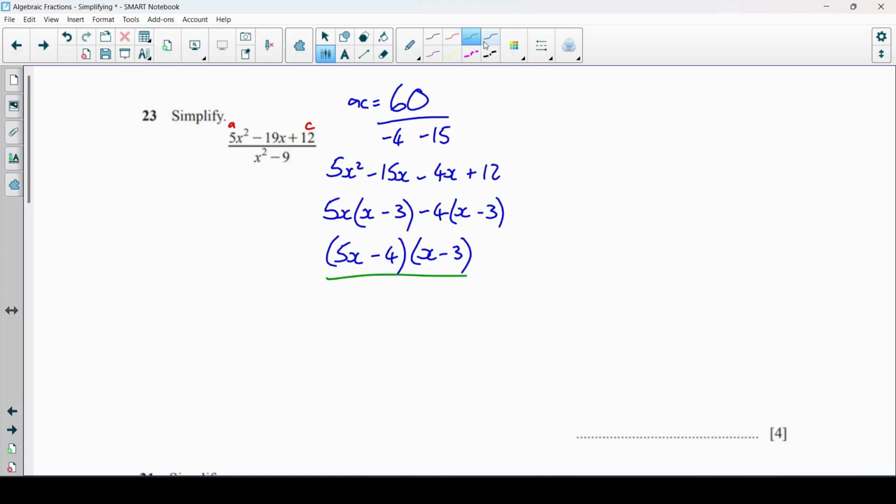That's the top done. Now let's look at the bottom. x squared minus 9. Well, that's just the difference of two squares. So x plus 3, x minus 3.